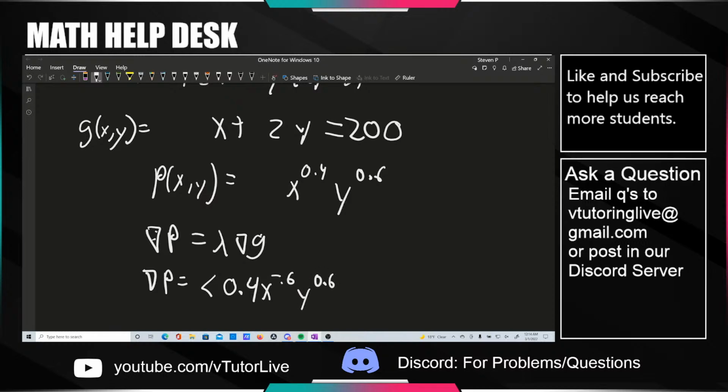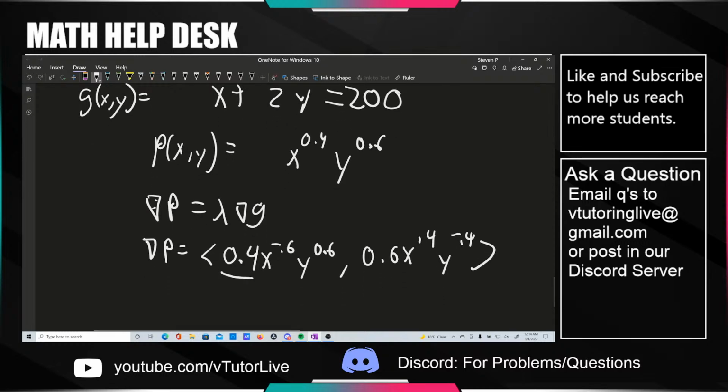But yes. Then this looks like 0.6, x to the 0.4, y to the negative 0.4. Set this equal to, well, what's the partial of g with respect to x? That's just 1, so this just turns into a lambda.